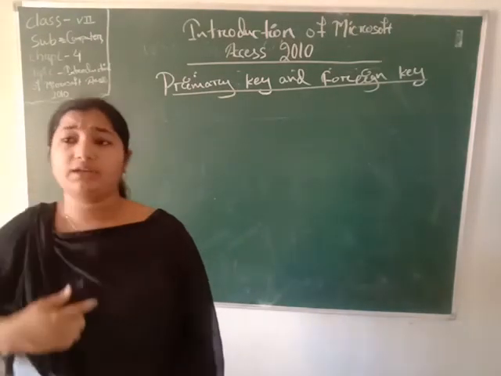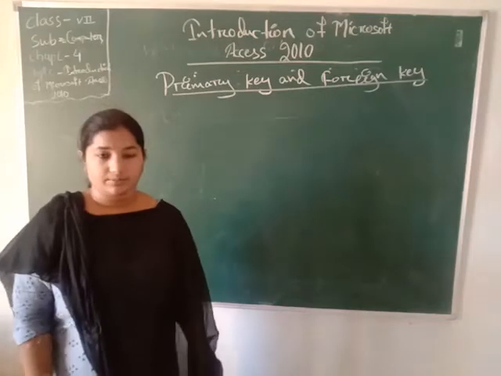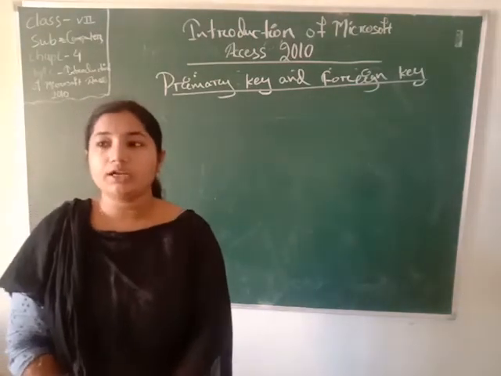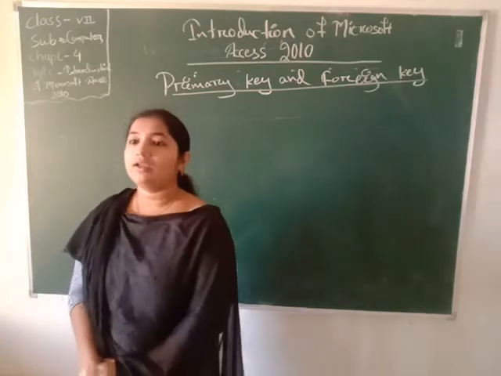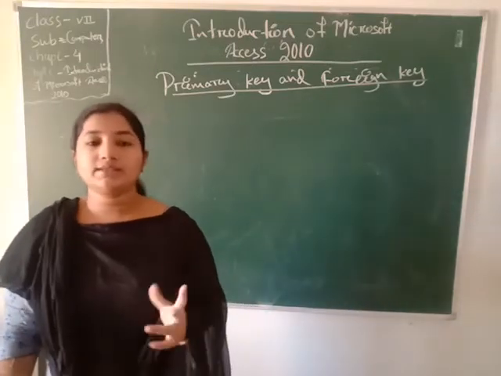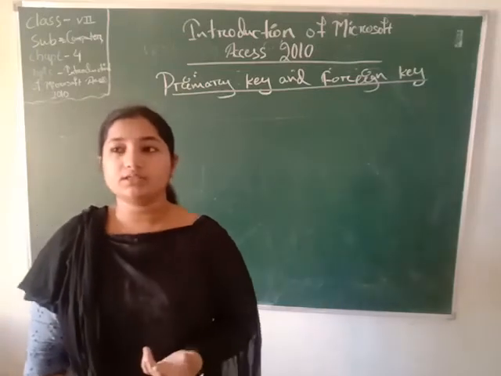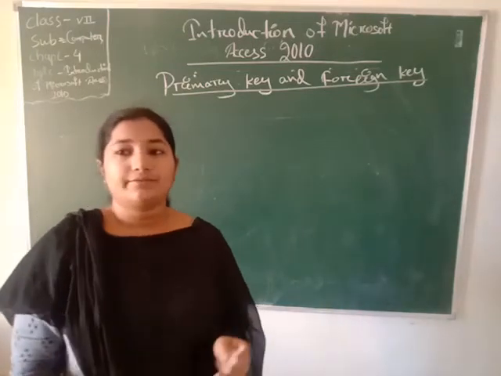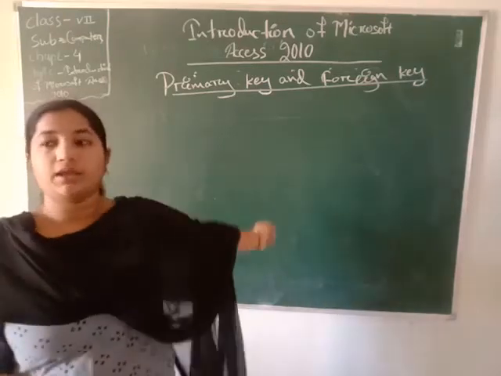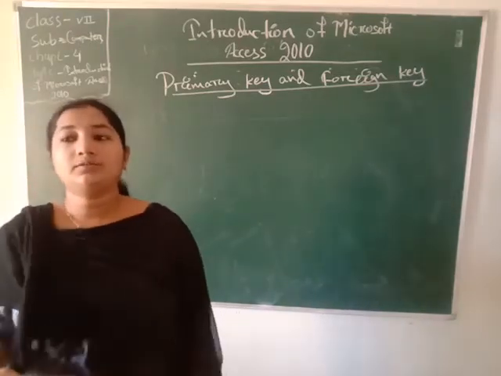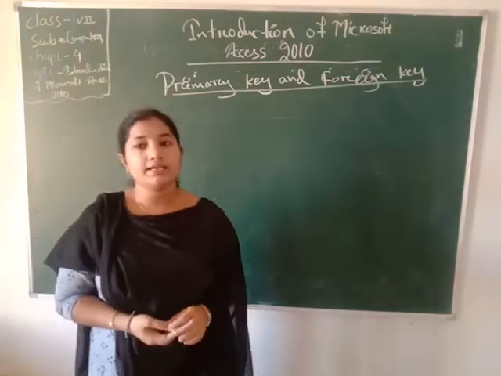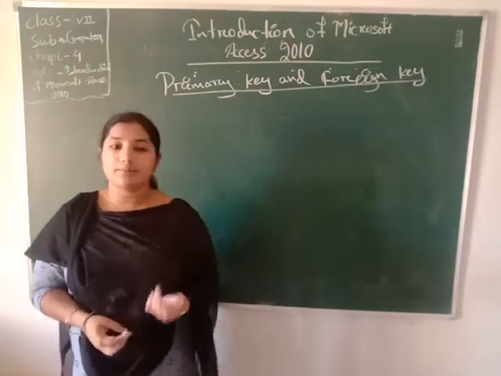When a table in our Microsoft Access database has a field or set of fields that uniquely identify each record stored in the table, it can be set as primary key. So what is primary key? A field or set of fields that uniquely identify each record stored in the table is called primary key.